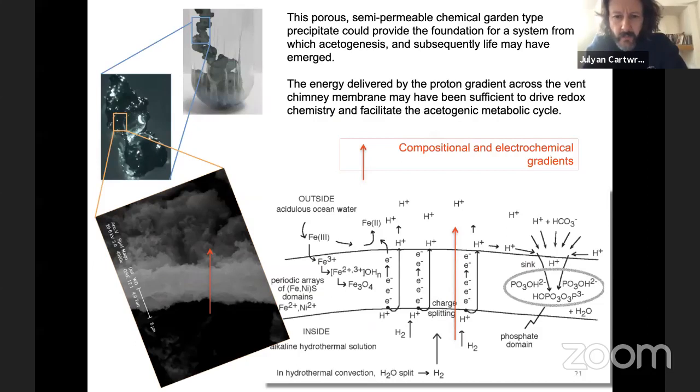So there's plenty of energy at these vents because there's proton gradients across membranes. This is really an ideal, and there's compositional gradients. So it's really ideal in terms of energetics also for producing a sort of origin of life scenario.